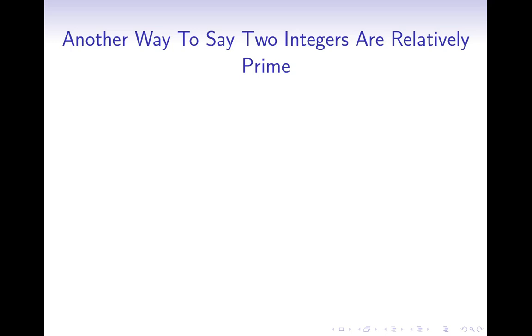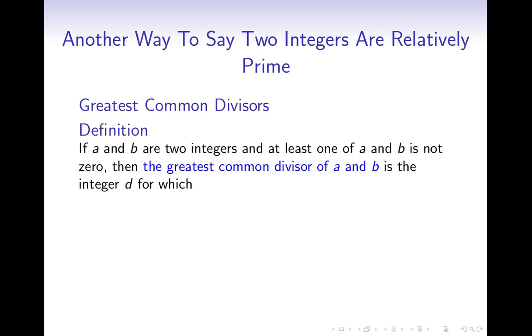So now we're going to change subjects just a little bit. We're leaving proof by contradiction, and we're going to look at another way to say that two integers are relatively prime. And in order to do it, we have to talk briefly about greatest common divisors.